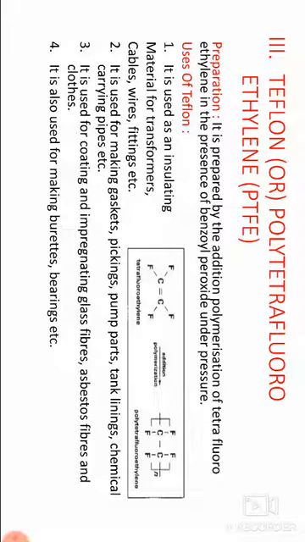It is also used for making burettes and bearings. These bearings are used in paper industries and small industries. The burettes are used in the laboratory. Impregnated glass fibers are used in real life in buses and lorries. Asbestos fibers are used in the construction of industries, houses, and cloths.